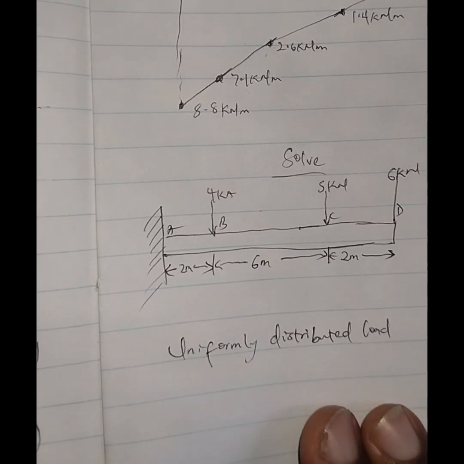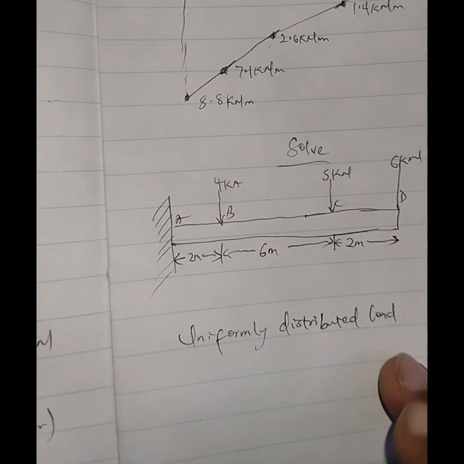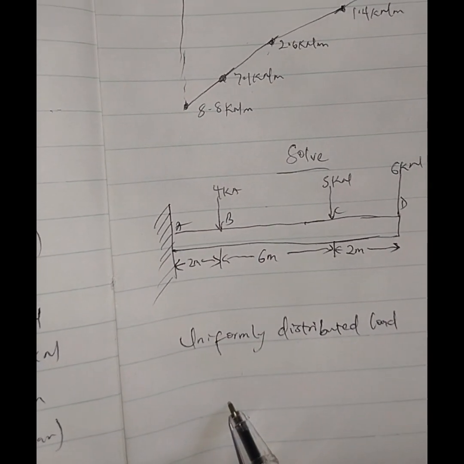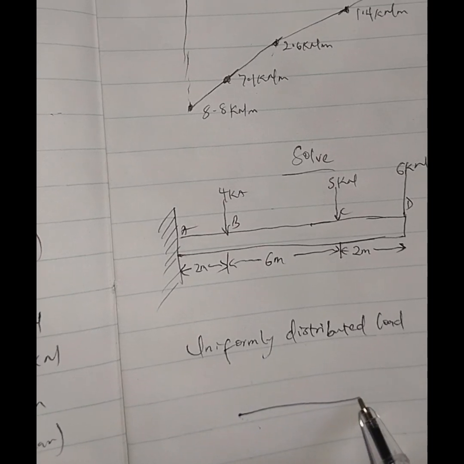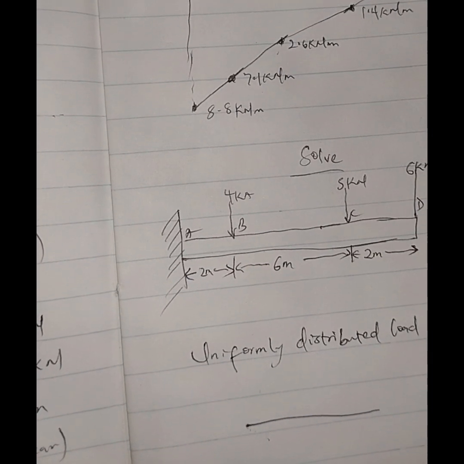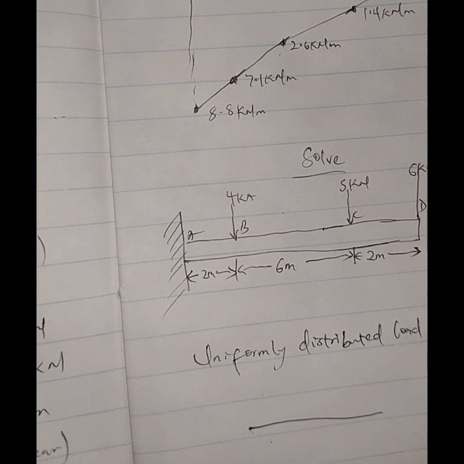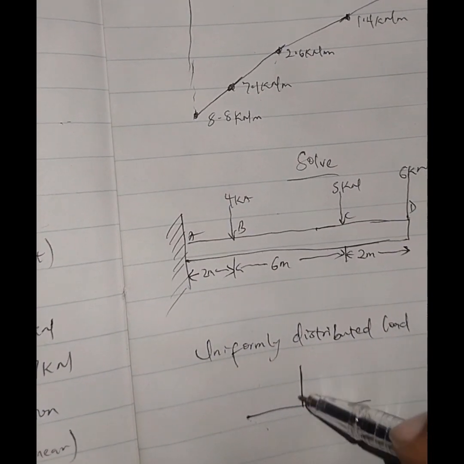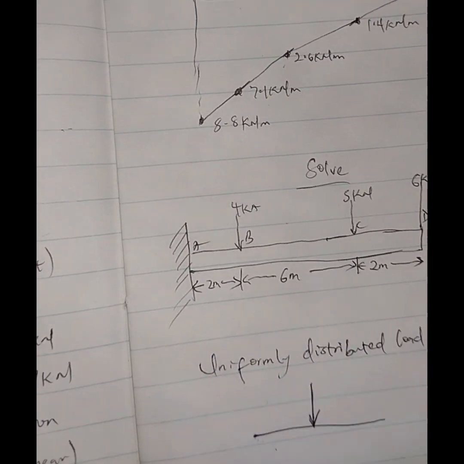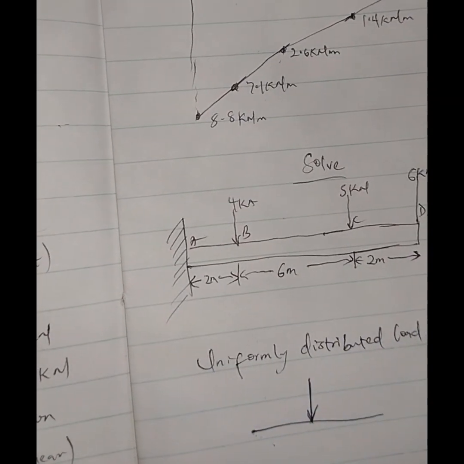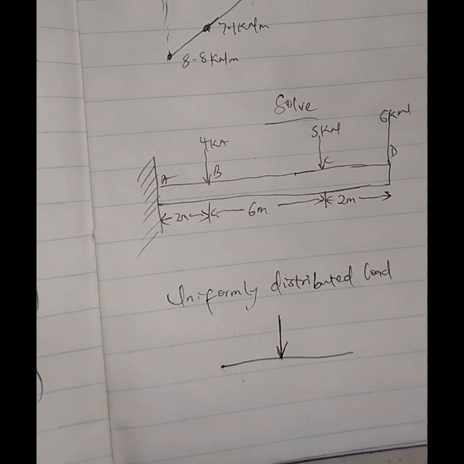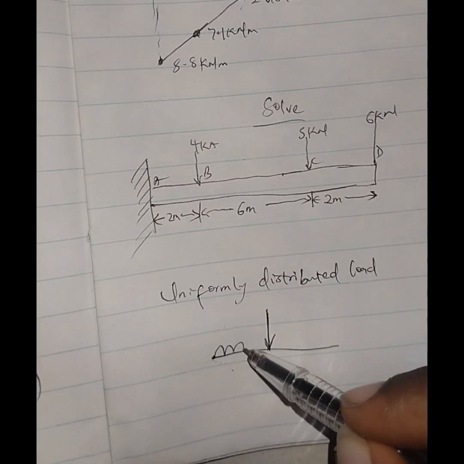Let me just do a brief explanation of this uniformly distributed load. Let's just say this is a table. Someone can come and stand in the middle of this table, so I can be standing in the middle of this table, making this a point node, or I can lie down on it.